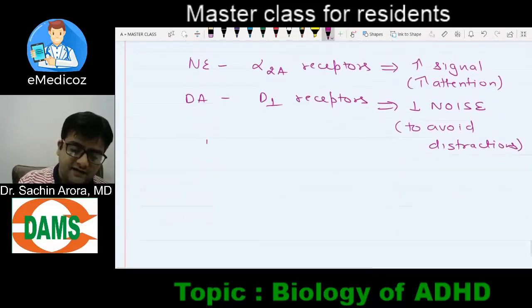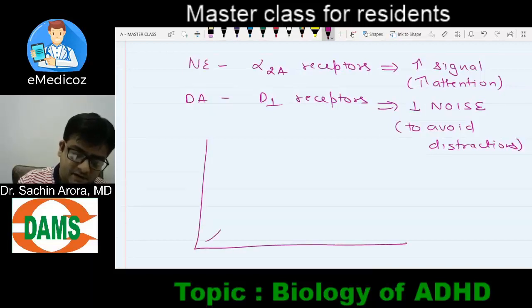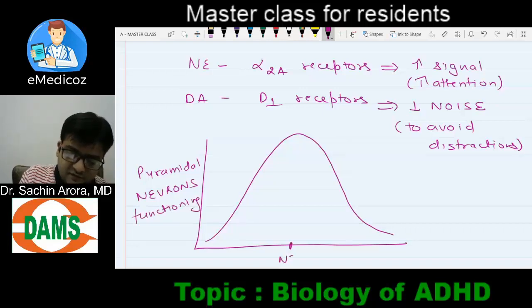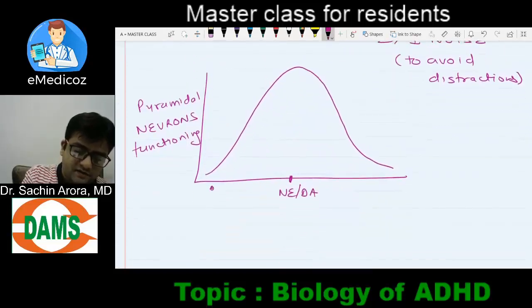Hence, for pyramidal neuron functioning, we have to have optimal norepinephrine and dopamine.